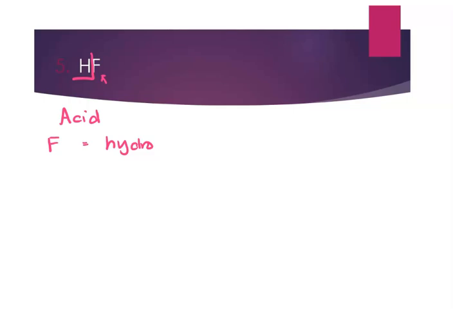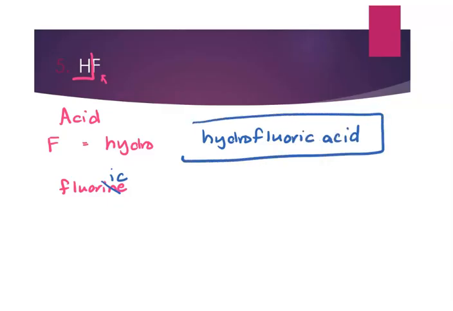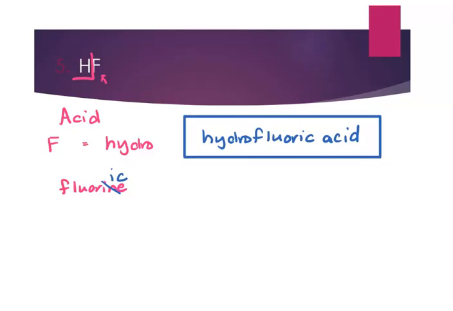F is going to be on the front of my periodic table, so F is fluorine. So I'm going to change my ending of fluorine to fluoric, and this is going to be hydrofluoric acid. Hydrofluoric acid. We put the hydro there because there is no oxygen in my acid.